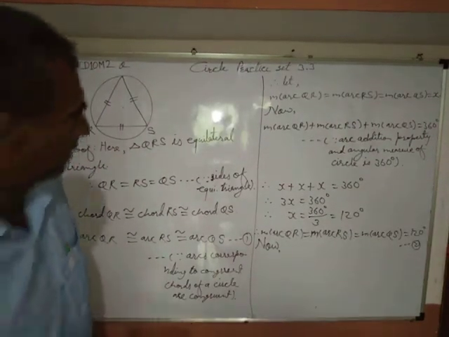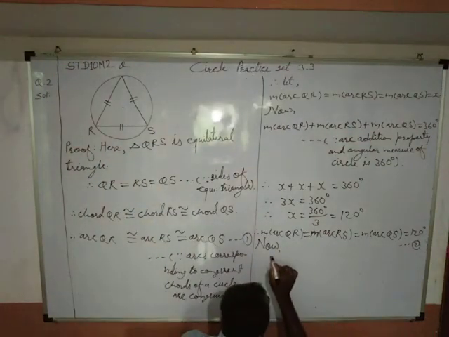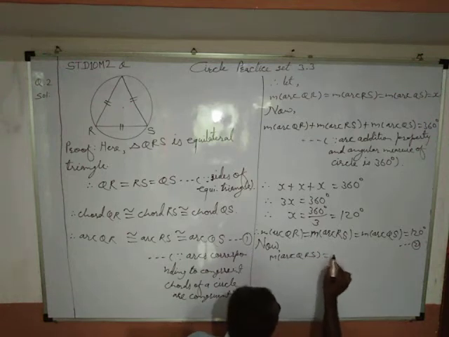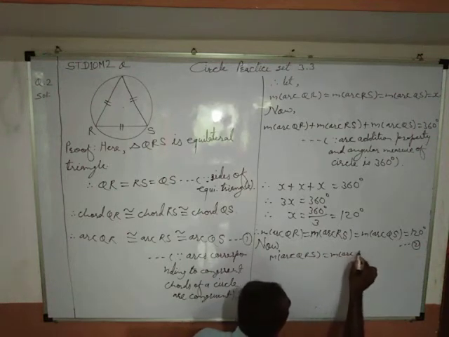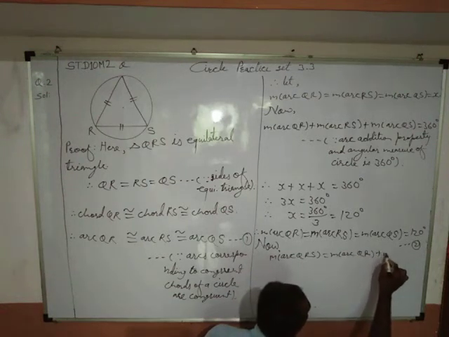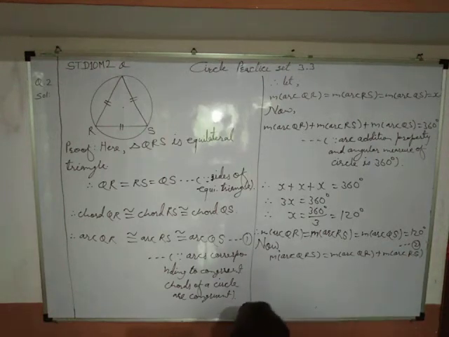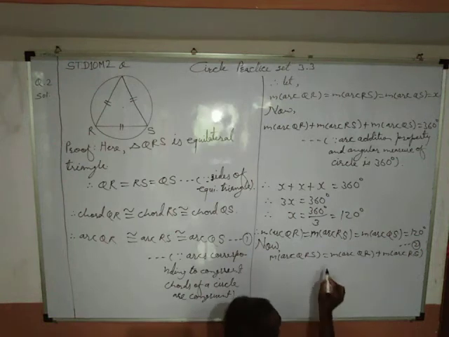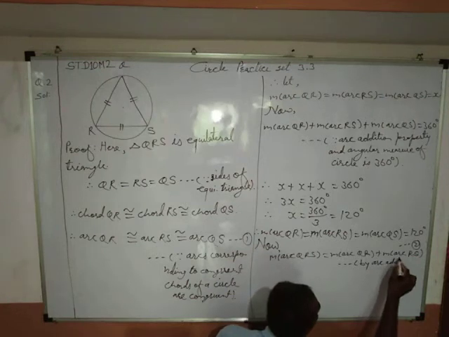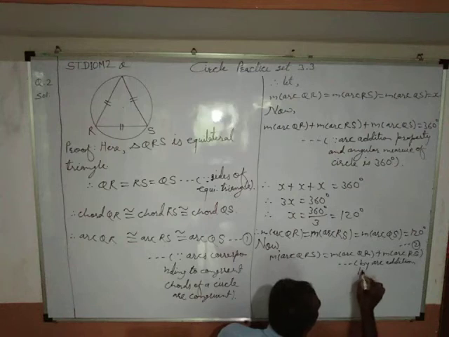Now measure of arc QRS equals measure of arc QR plus measure of arc RS, by arc addition property.